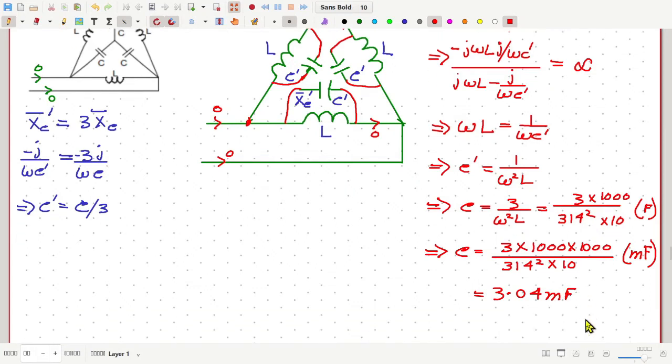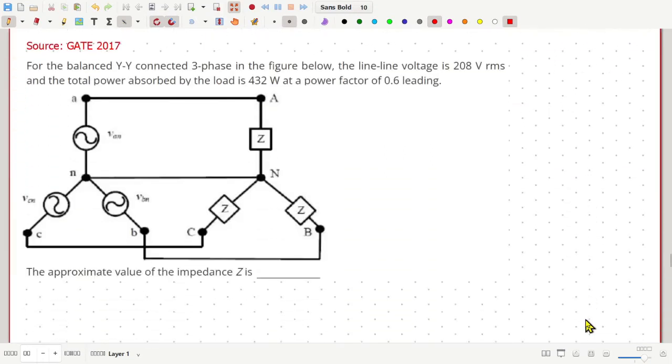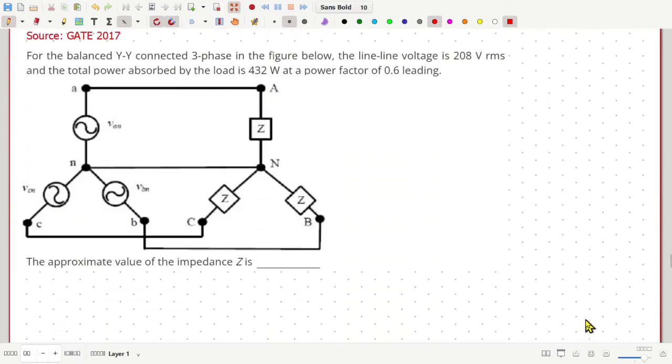Now we will move to the next question. In this question, we have a balanced star-connected three-phase supply and a balanced star-connected load, and the total power absorbed by this load is 432 watt.